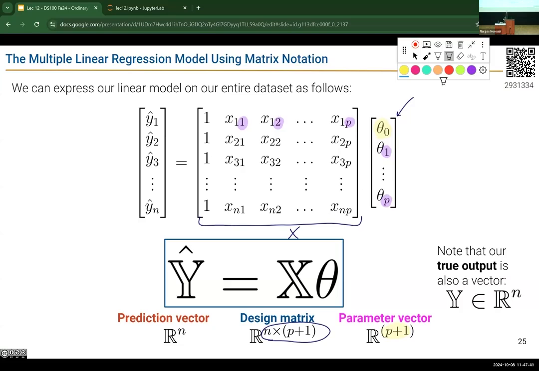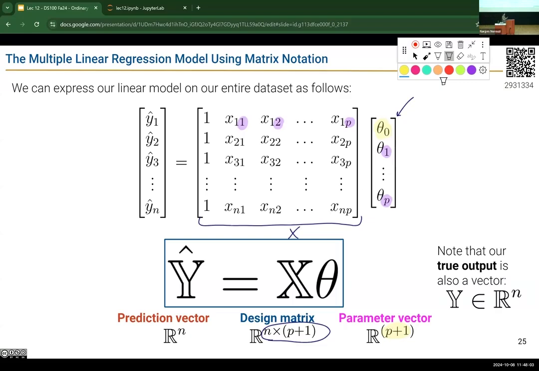Looking at that, if you multiply the design matrix with the parameter vector, what would be the dimensionality of the result? If you multiply a matrix that's n by p plus 1 by a vector that's p plus 1 by 1, it would be n by 1.